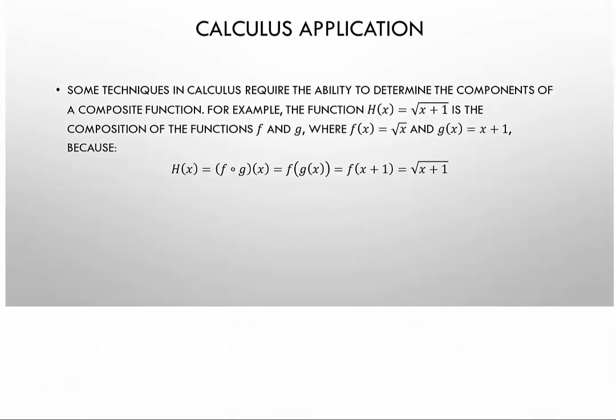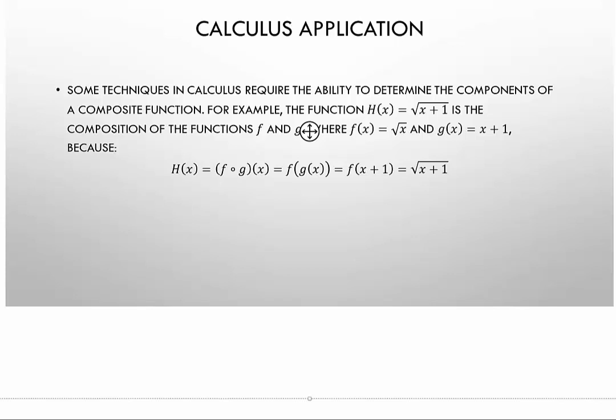Okay, so the last few things that we're going to talk about are a calculus application. In calculus, sometimes it requires us to be able to figure out what the two components are of the functions. So if I have this function, capital H of x is equal to the square root of x plus 1, that's actually the composition of two things. I have the square root of x, right?